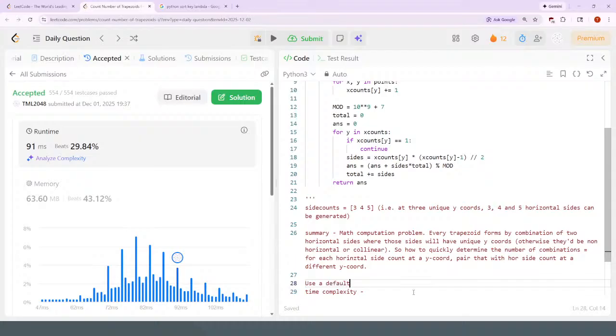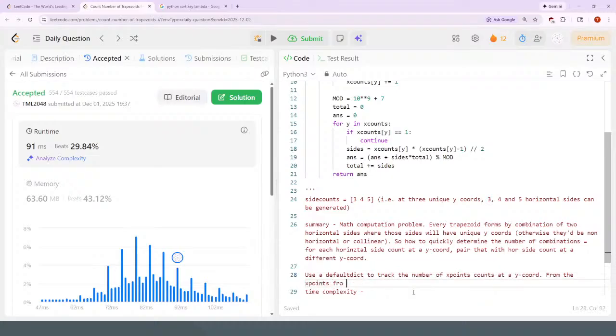Use a default dictionary to track the number of x points, which is the count. Or that's not the side count, it's just the x point counts at a y coordinate. From the x points for y, determine the number of horizontal sides that can be formed.